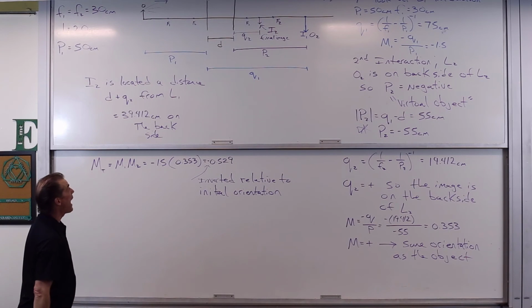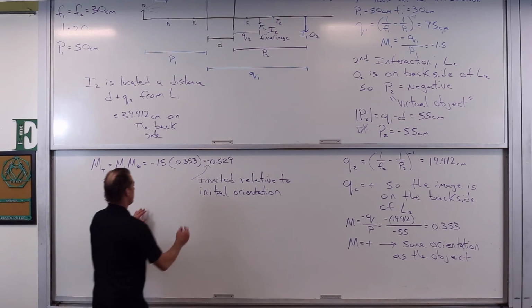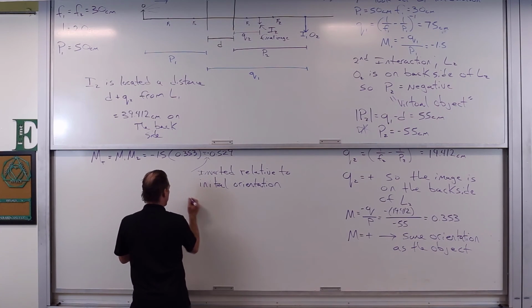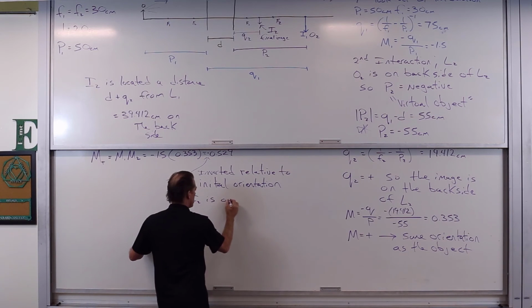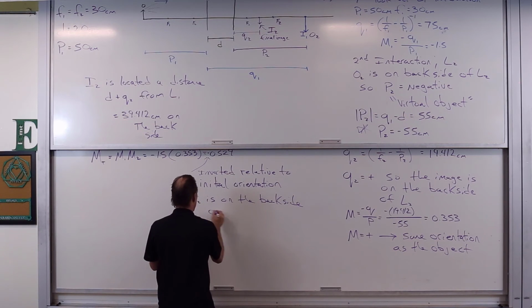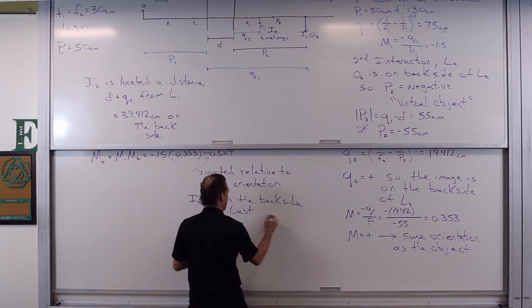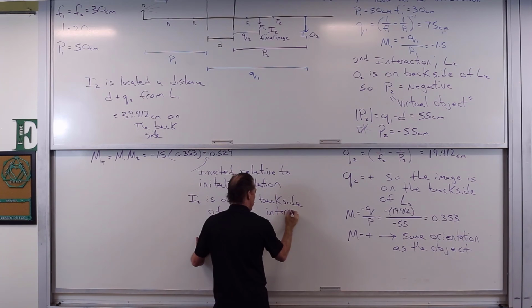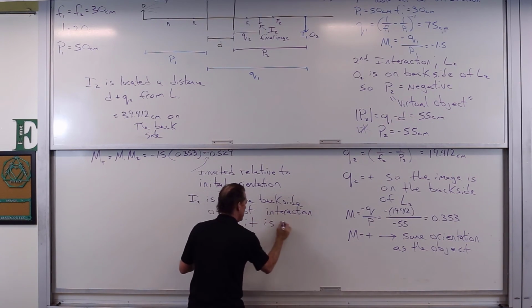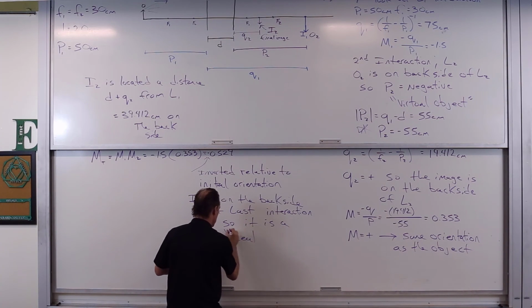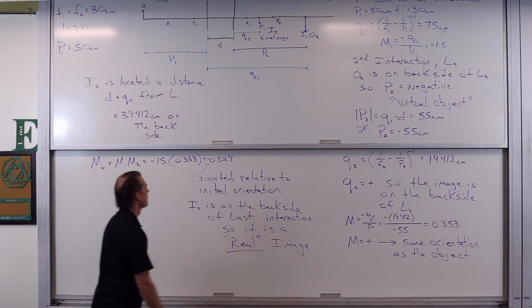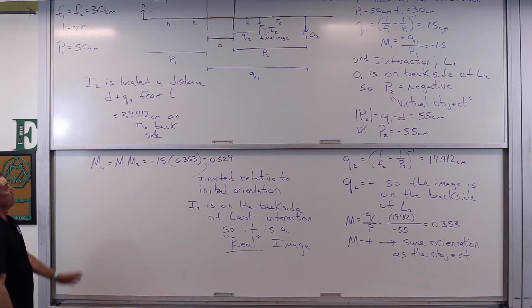What else do we have? Well, it is on the back side of the second interaction, Q2, I2. It's on the back side of the last interaction, so it is real.